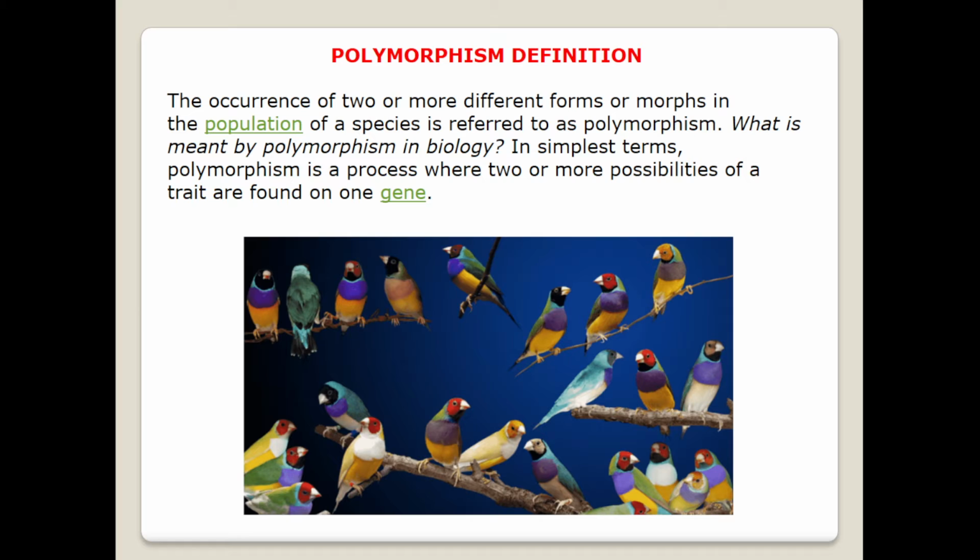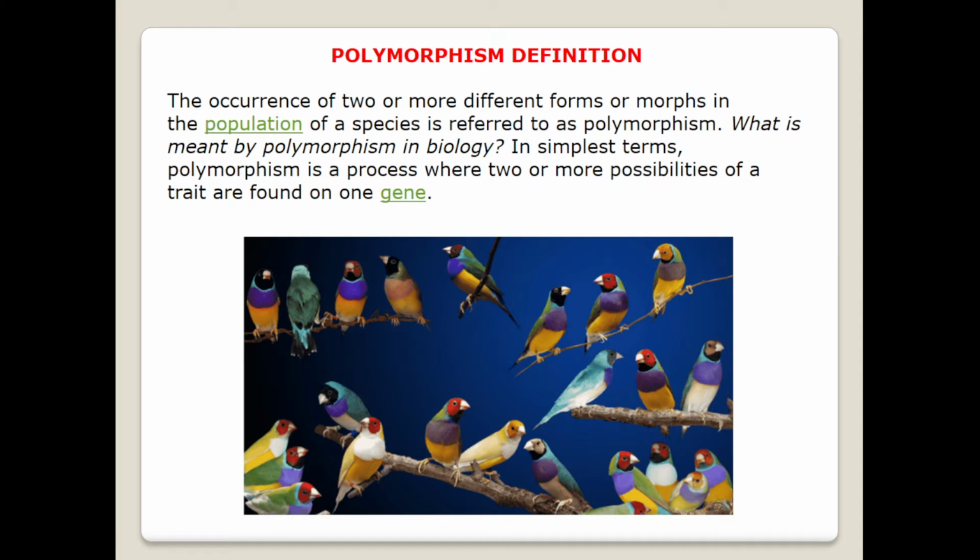We can always meet polymorphism in our usual life. If you look at these pictures, you can see many different colors of these birds. The occurrence of two or more different forms or morphs in the population of a species is referred to as polymorphism. What is meant by polymorphism in biology? In simplest terms, polymorphism is a process where two or more possibilities of a trait are found on one gene.